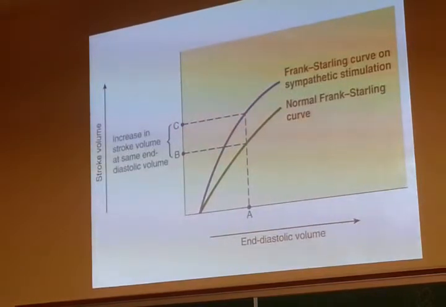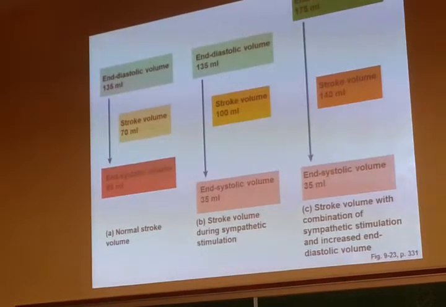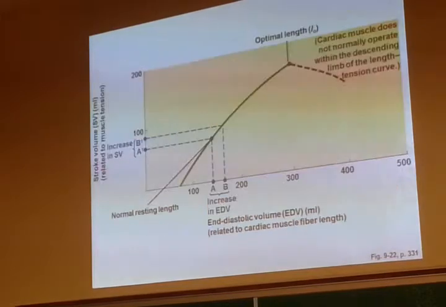So at rest, you would have this stroke volume. With sympathetic input, you have this stroke volume. So they set up this curve. They varied the end diastolic volume and set up this curve.